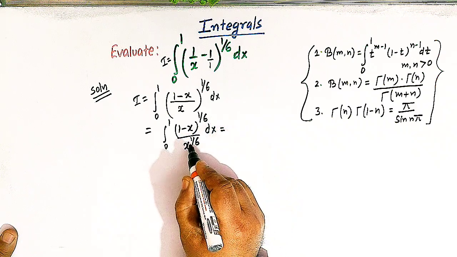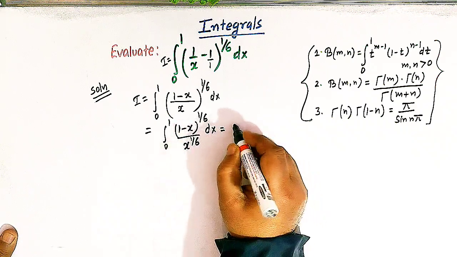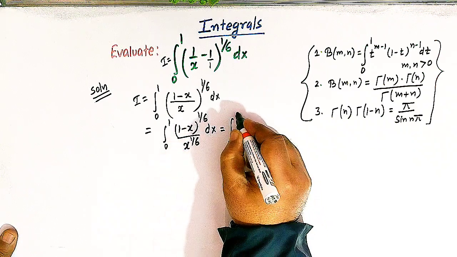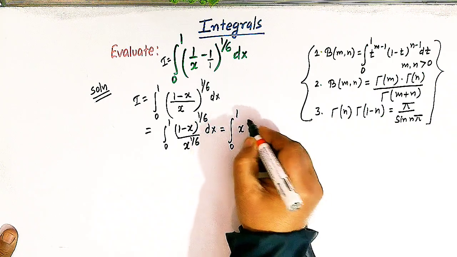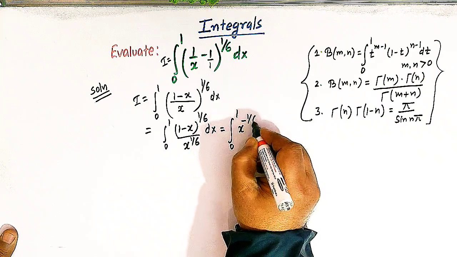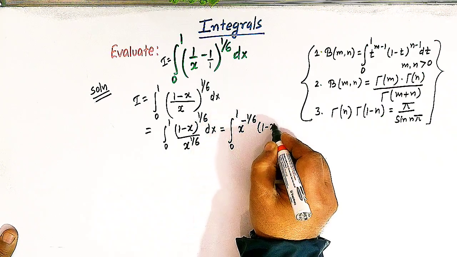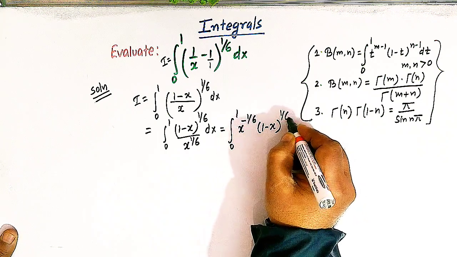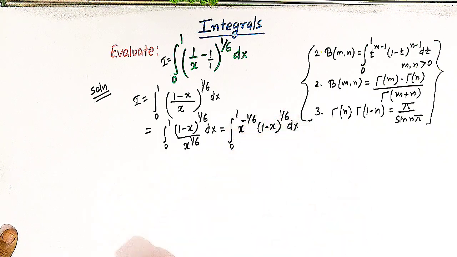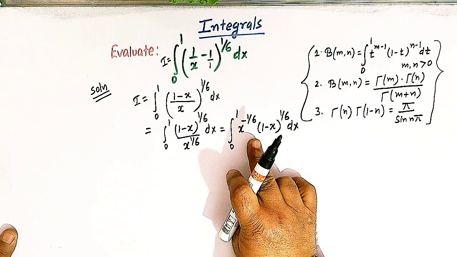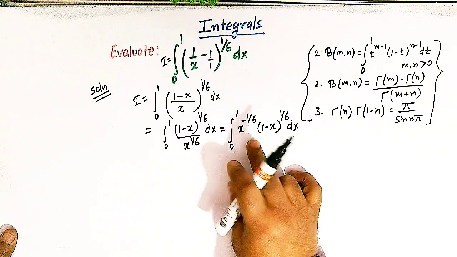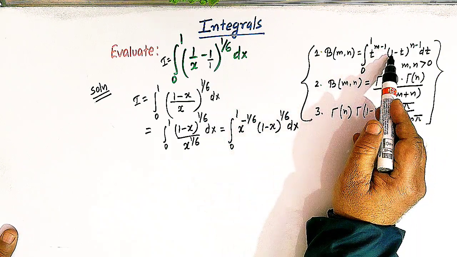Taking this x raised to 1 by 6 to the numerator, we can write it as x raised to minus 1 over 6, and 1 minus x raised to 1 over 6 dx. Now we have to convert this integral into this form.